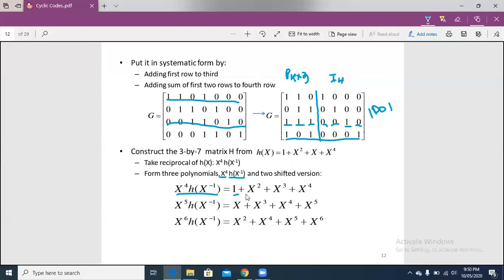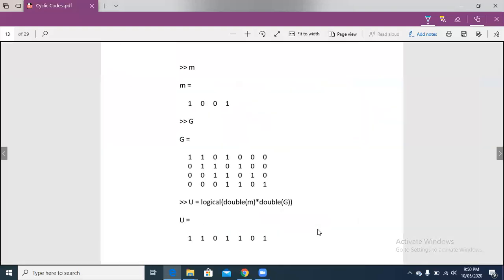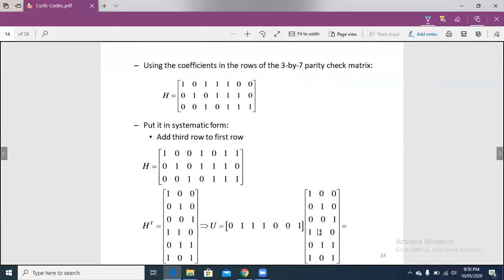So this is the parity check matrix, and that is the shifted version of the code word. So we will generate a matrix of order 3 by 7 here.